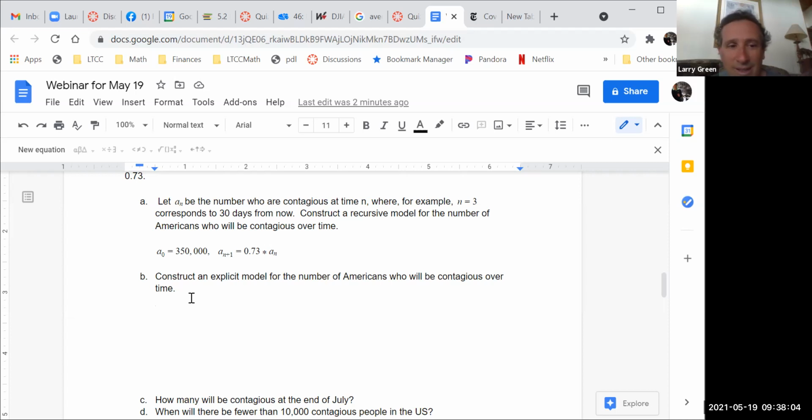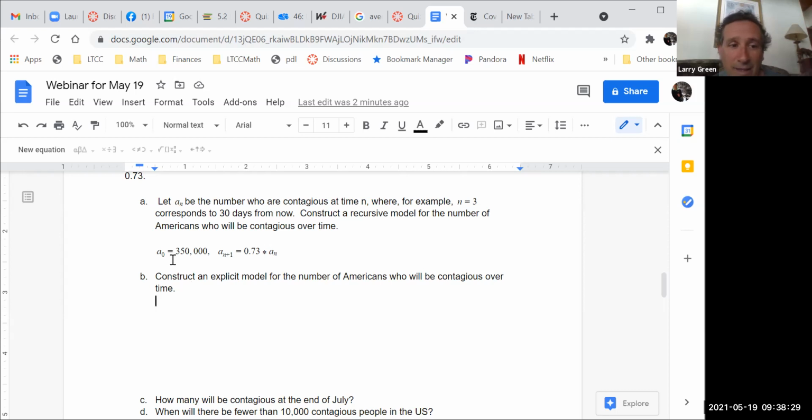So what is an explicit model? I see y'all jumping in. If you have no idea, you can just say I had no idea, or you can tell me. But hopefully all of you can figure it out. So what's an explicit model now that we got a recursive model?